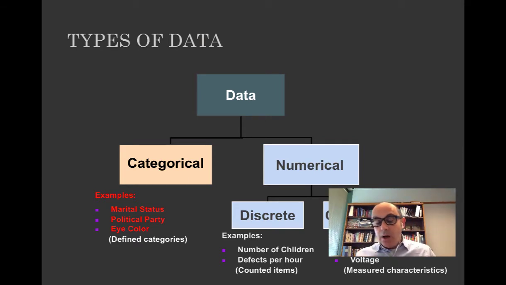In numerical, we have two types. Numerical means values. So we have discrete and continuous. In discrete, we have the number of children, and we have the fax per hour. In continuous, compared to discrete, we have weight or voltage.